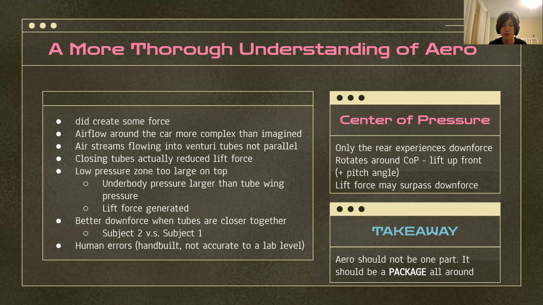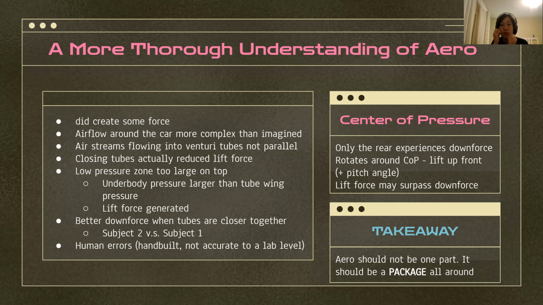And the airstreams flowing into the venturi tubes underneath the wing may not be parallel to the tubes. They may come from the sides and all those directions. And the closed tubes are actually reducing some of the lift force. That means the tubes are creating more low pressure zones on the top.